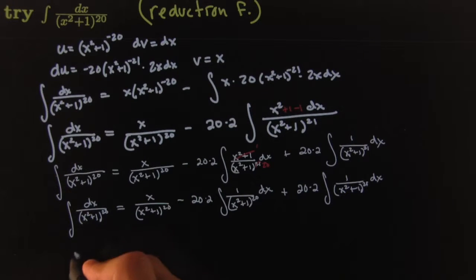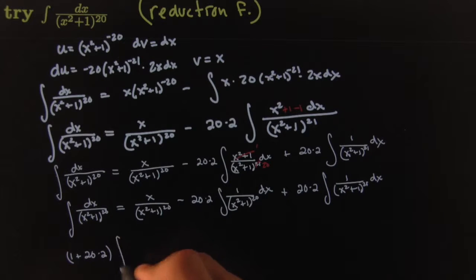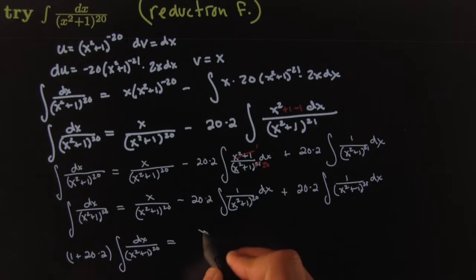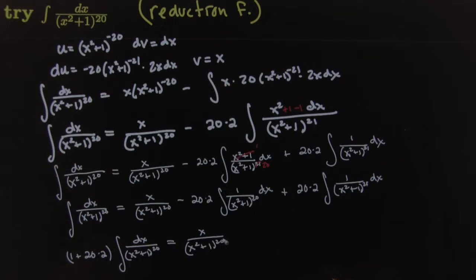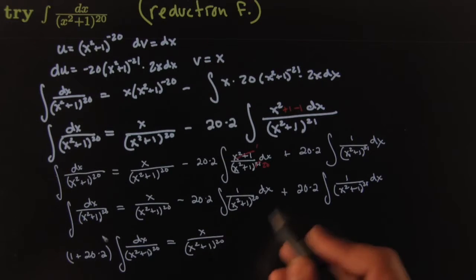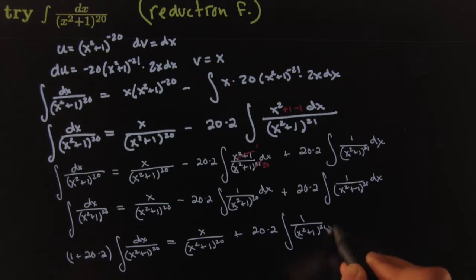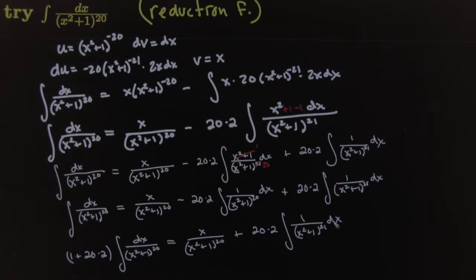If I move it over to the other side, I have that 1 plus 20 times 2 times the integral of dx over x squared plus 1 raised to the 20th is equal to x over x squared plus 1 raised to the 20th. That one got moved over, plus 20 times 2 integral 1 over x squared plus 1 raised to the 21 dx. Right? And then you might think, whoa, how is that going to help us?